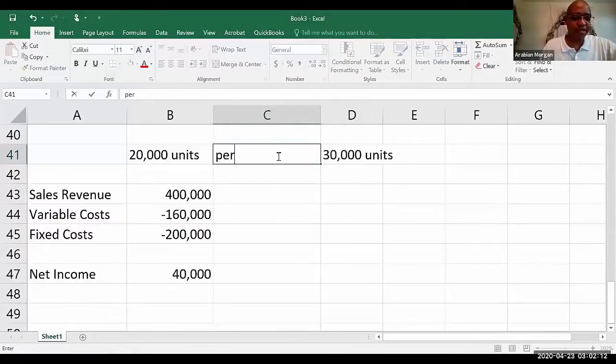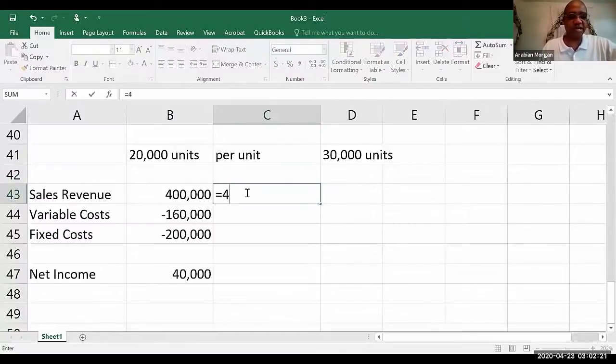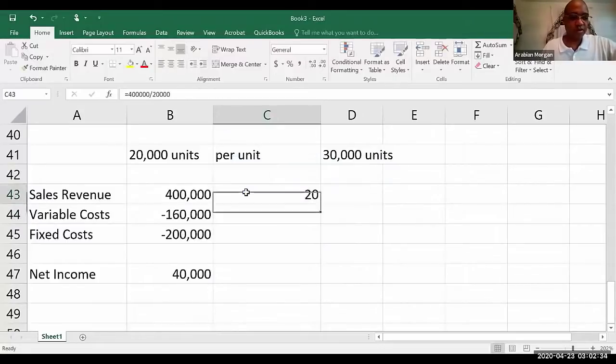find the per unit amount of the variable aspects of this. So the revenue would be this $400,000 divided by 20,000 units. That'll give me a per unit amount of $20.